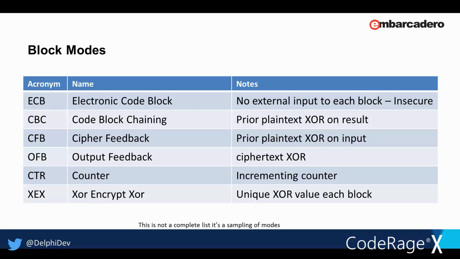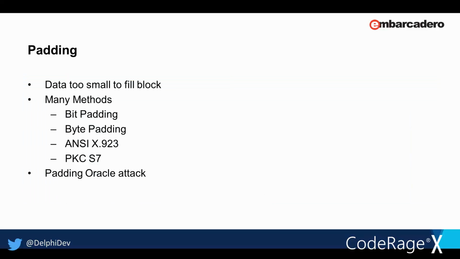One, your key might not be in the same encoding. You need to make sure your key is in the same encoding when you start. Number two, your initialization vector needs to be the same, and that's not always the case. Then you also have to have the same block mode. These are critical to be able to encrypt from library X to library Y, and it's not always thought of very well in that respect.